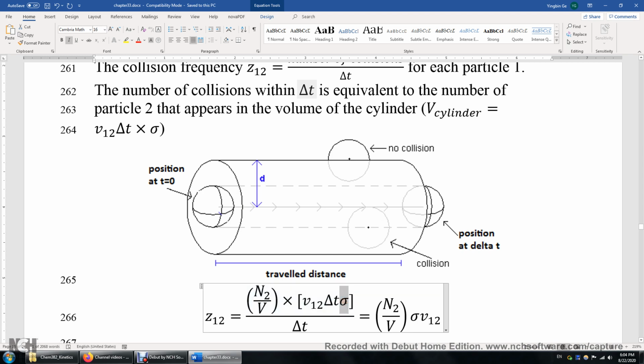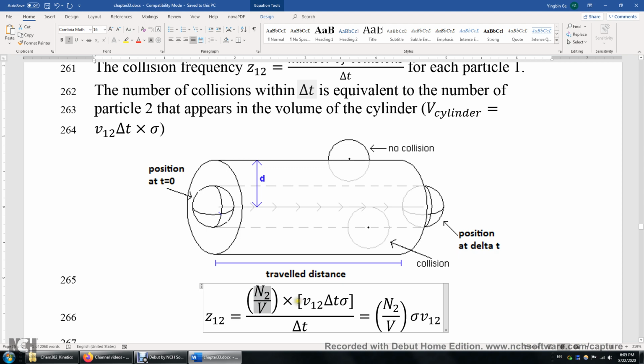Collisional cross-section area. And this is the volume of the cylinder. And then over here, N2 is the total number of type 2 molecules inside this container with a volume V. So this is the so-called number density.